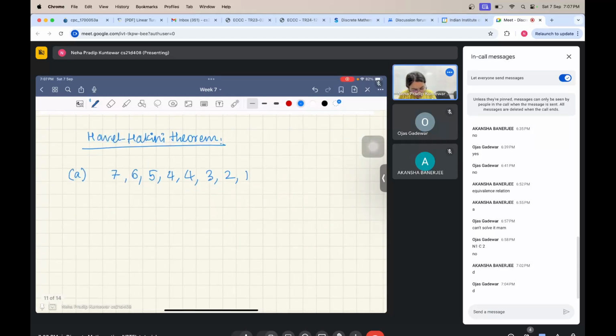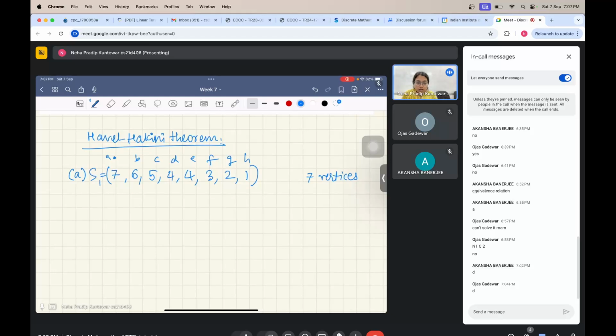So these are 7 vertices, and this is my sequence, and what you've done is you have arranged it in non-increasing order. So what the theorem says is, you look at this first vertex, I'll call this A, B, C, D, E, F, G, H.